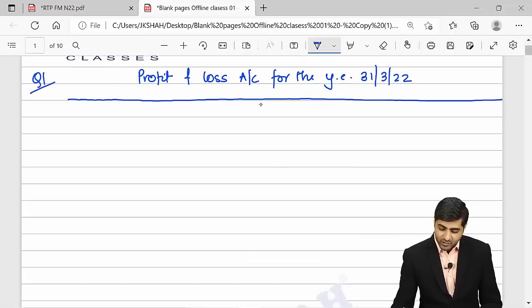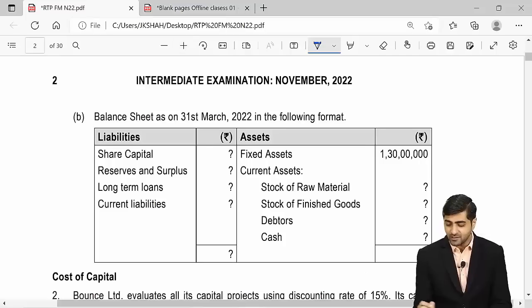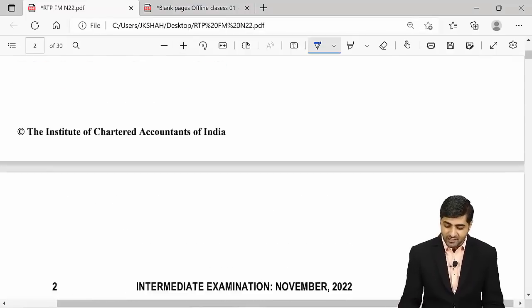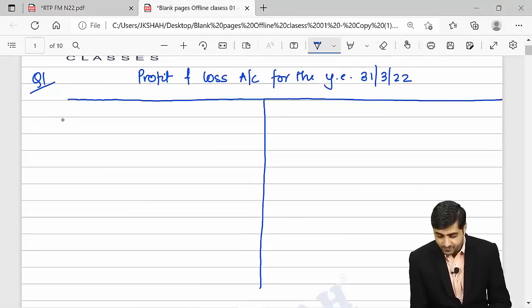As I told you, we have the things readily available, so let us substitute them in the format. We have to direct materials consumed.